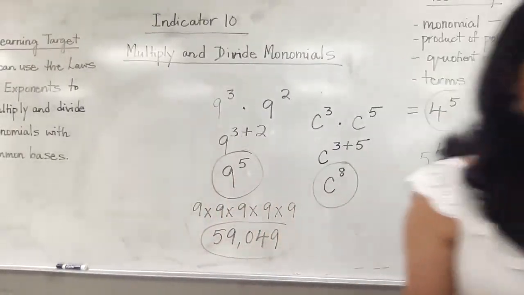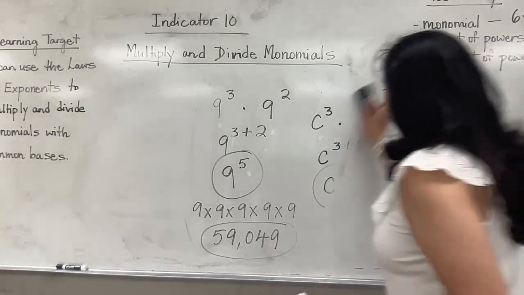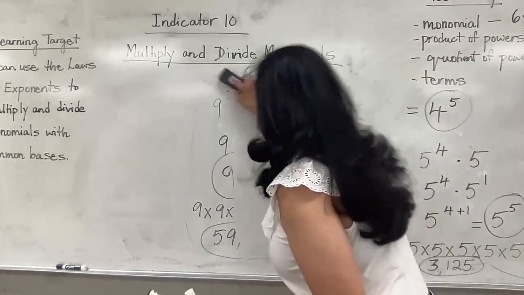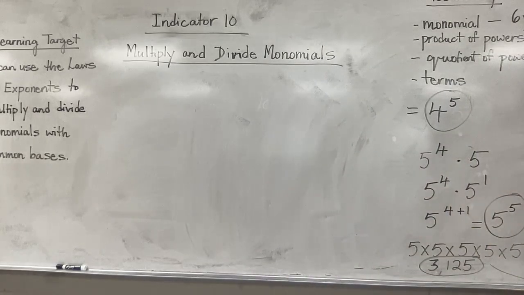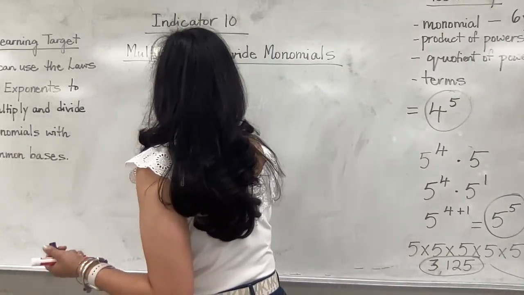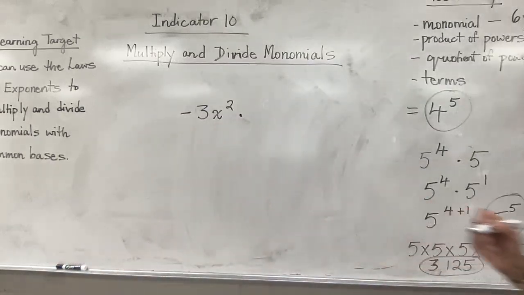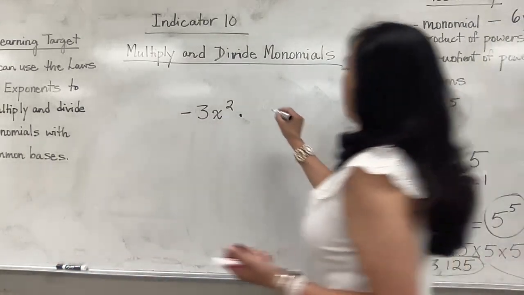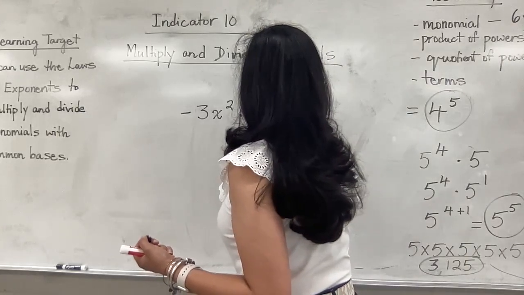Okay, so let's now multiply monomials. And let's say I have a question in which I have negative 3x squared times 4x to the 5th power.